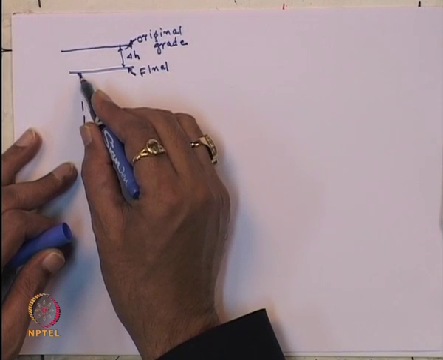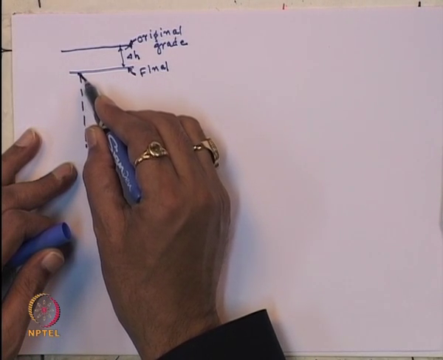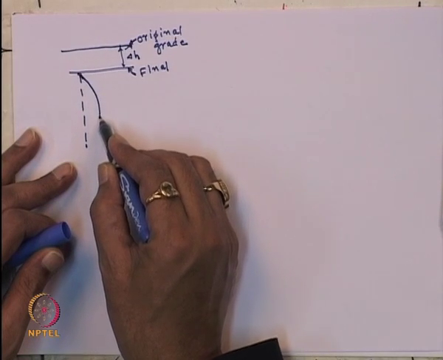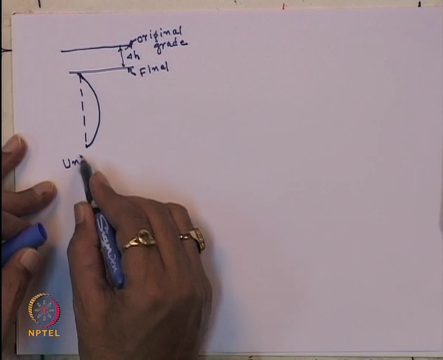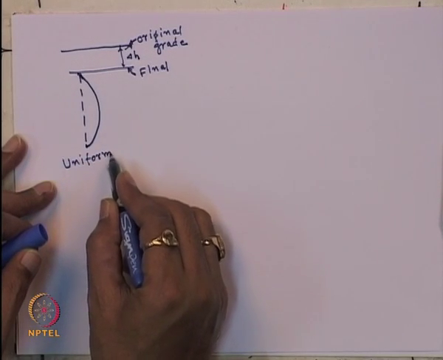So, this drain may be uniformly bending. So, there is a possibility for uniform bending.